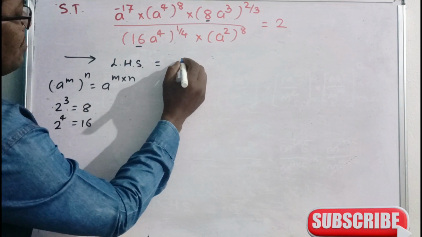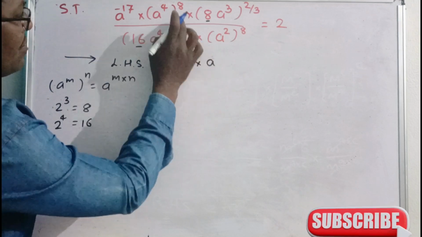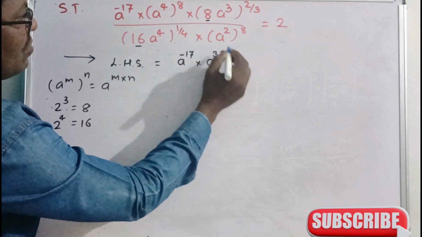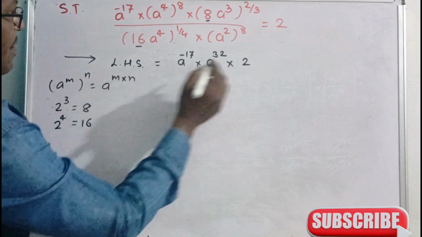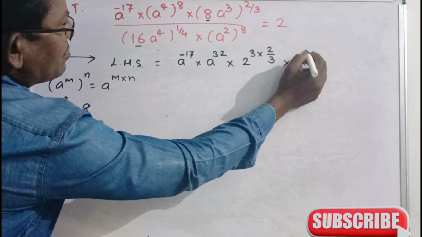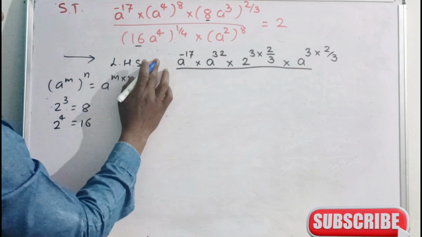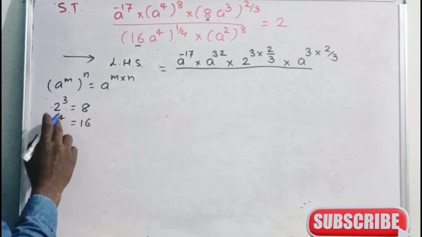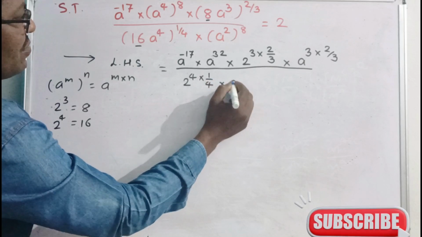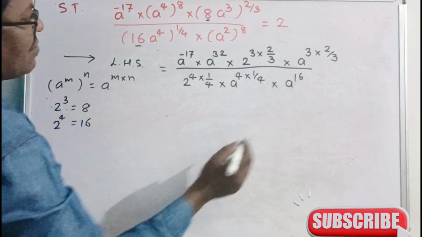Substitute all these values. a raised to the power minus 17 into a raised to the power how much? 32 into 8, 2 raised to the power 3 into 2 by 3 into a raised to the power 3 into 2 by 3, whole divided by 16, which is nothing but 2 raised to the power 4 into 1 by 4 into a raised to the power 4 into 1 by 4 into a raised to the power 16.